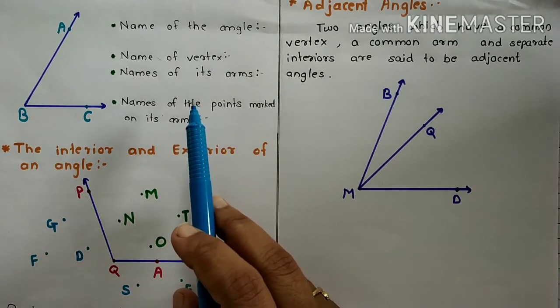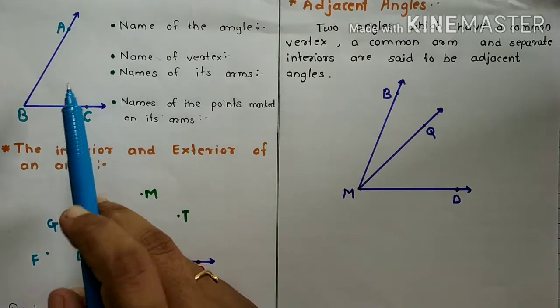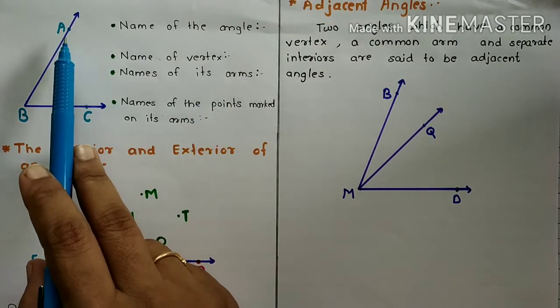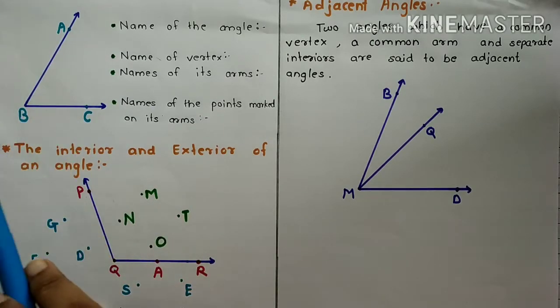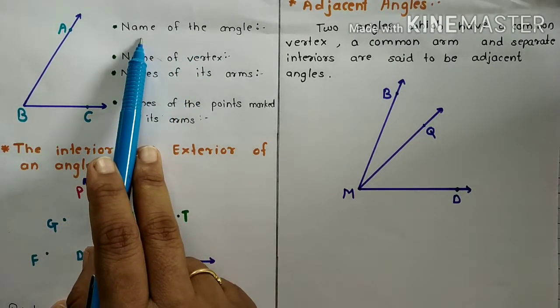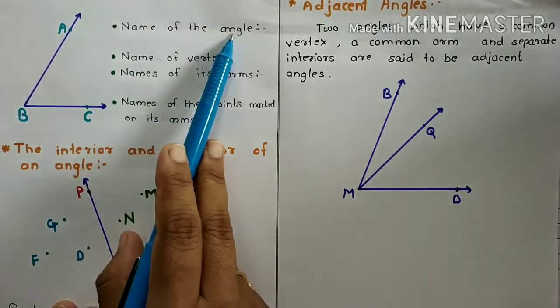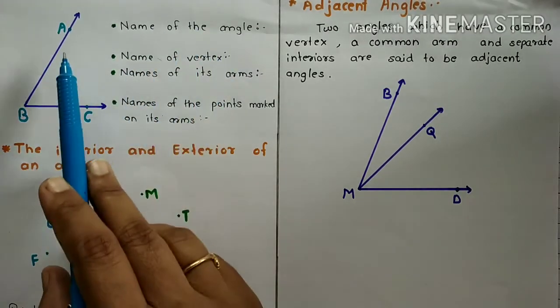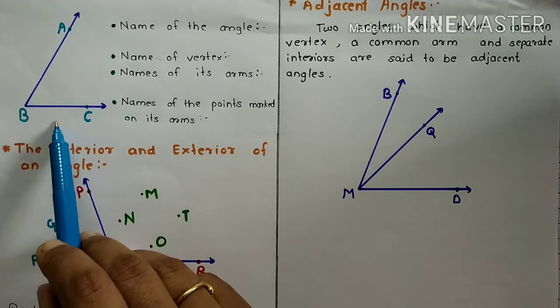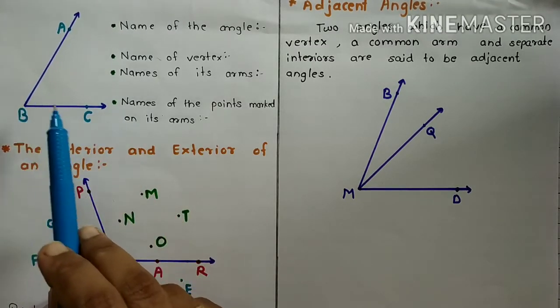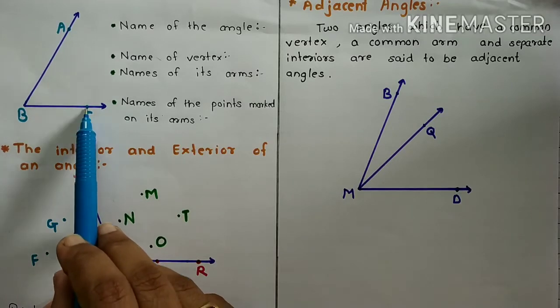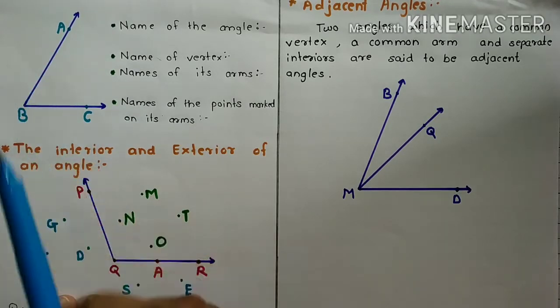First we revise. See this diagram. There is one angle given. First we have to write down the name of the angle. The name of this angle is written in two ways: angle ABC or angle CBA.